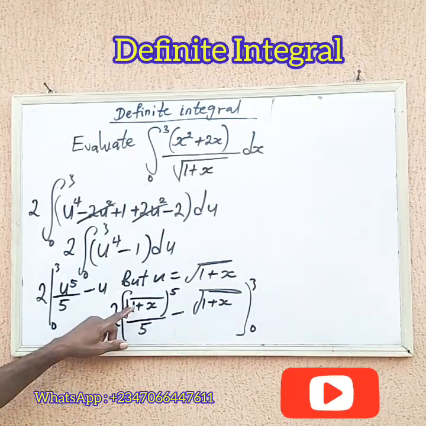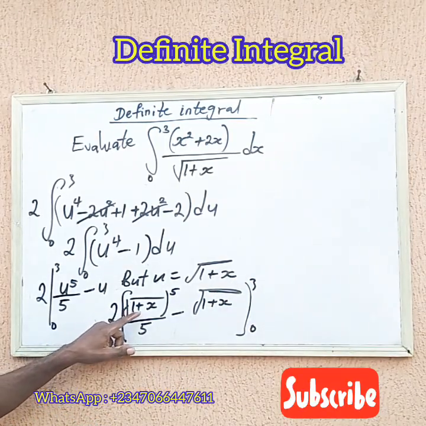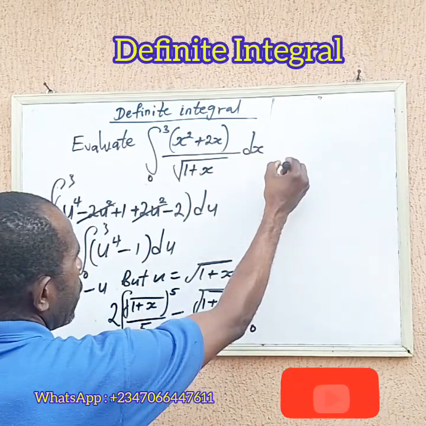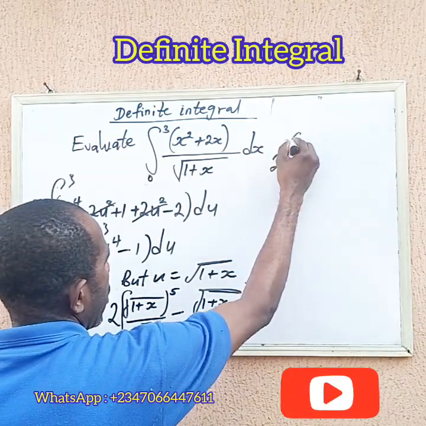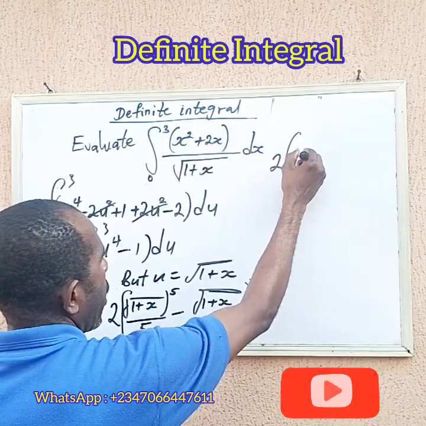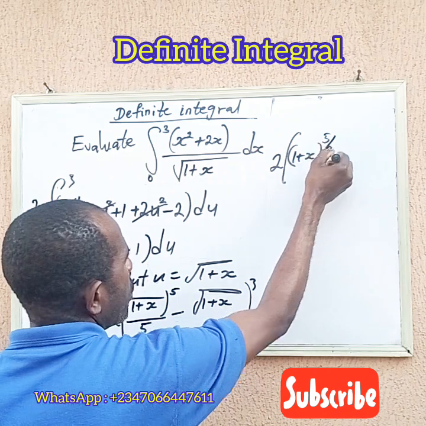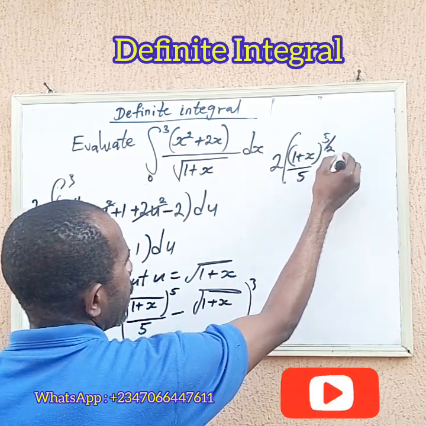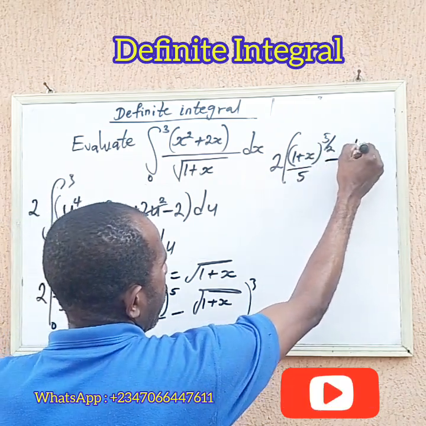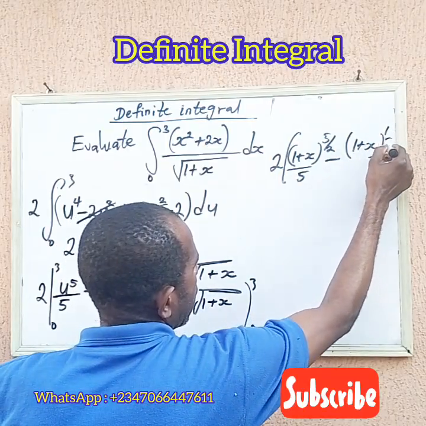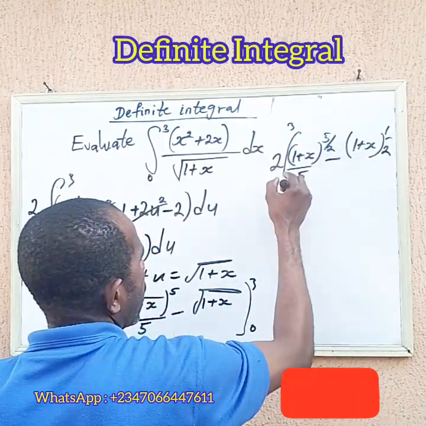So remember that this square root is sitting as 1 plus x raised to power half. So this will now give me 2 into 1 plus x raised to power 5 over 2, then all over 5, then minus 1 plus x raised to power what? 1 over 2. Remember that is 3, that is 0.